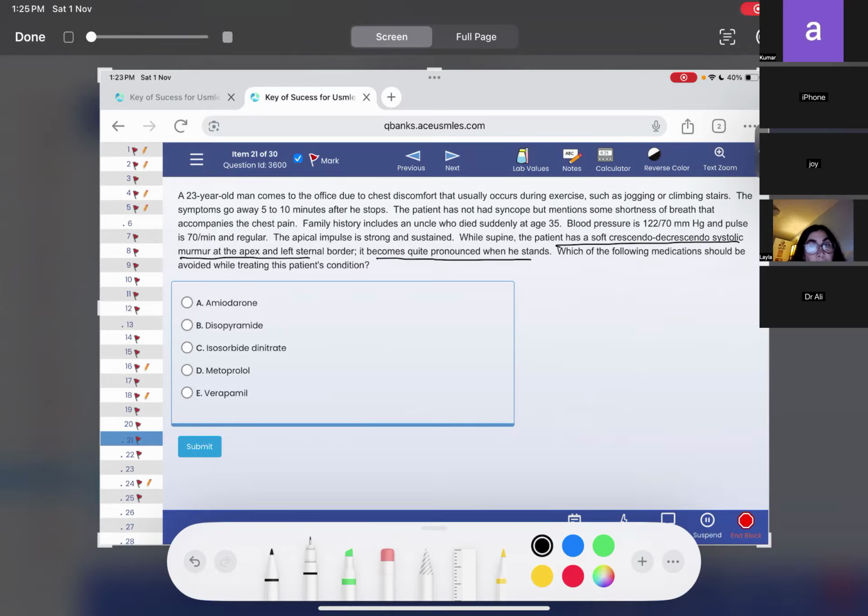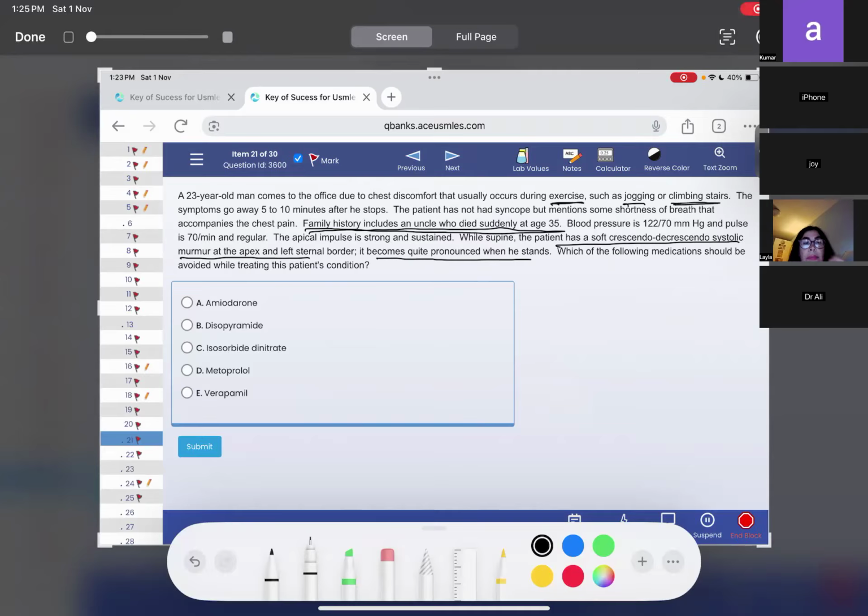So the patient has a family history of some condition that usually can cause sudden death in his uncle at the age of 35. A 23-year-old man comes to the office due to chest discomfort on exercise such as jogging or climbing stairs.